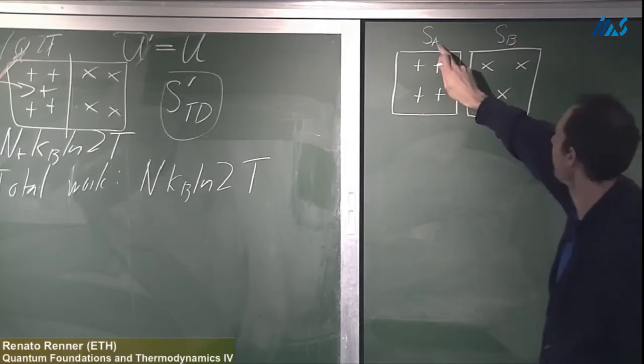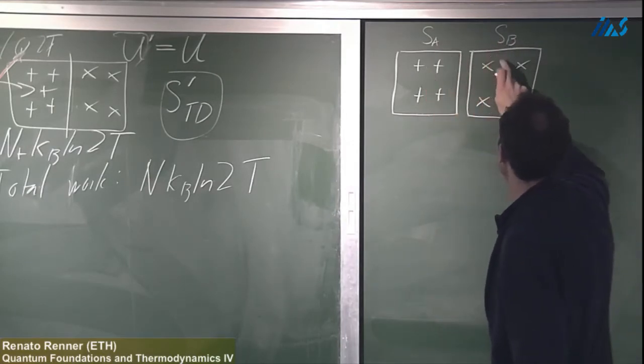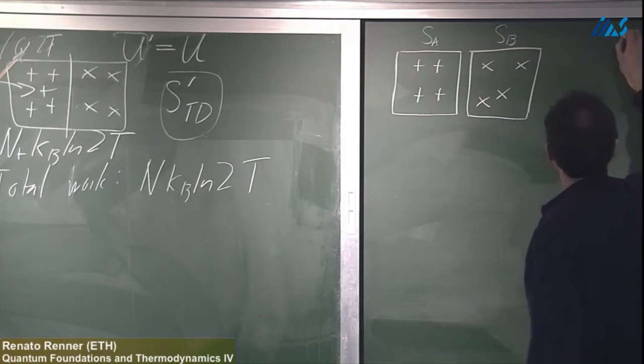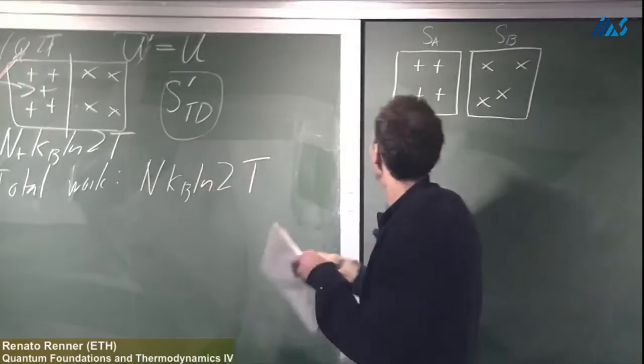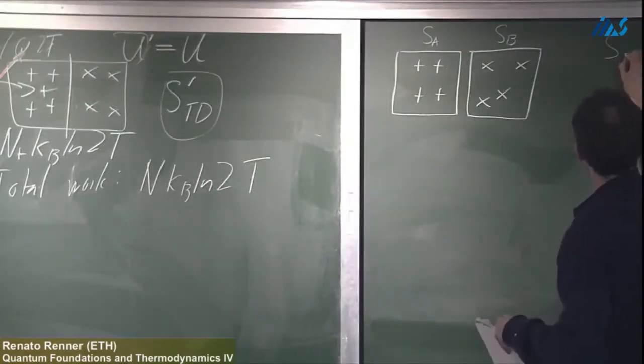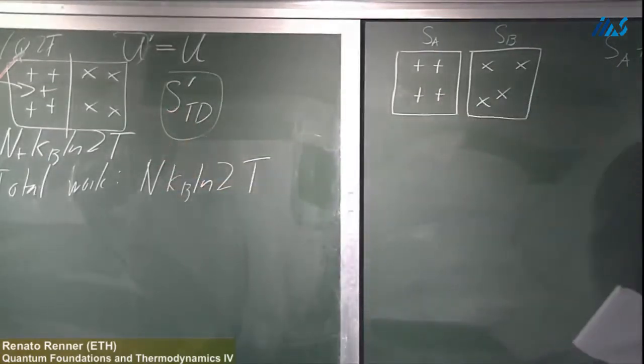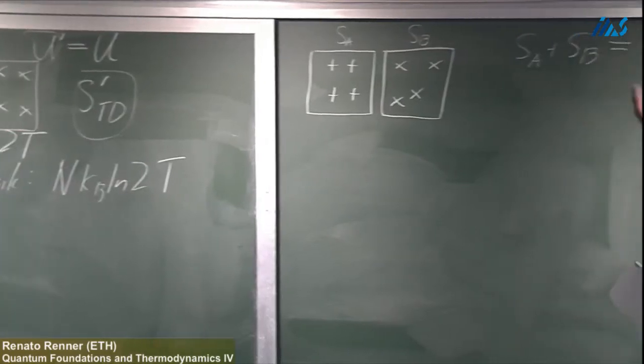Let's assume that this box has some entropy SA, and this box has some entropy SB. And so the entropy of these boxes together, how large is it? How does it relate to the entropies here? Does anyone see that? So what should I write here on this side?